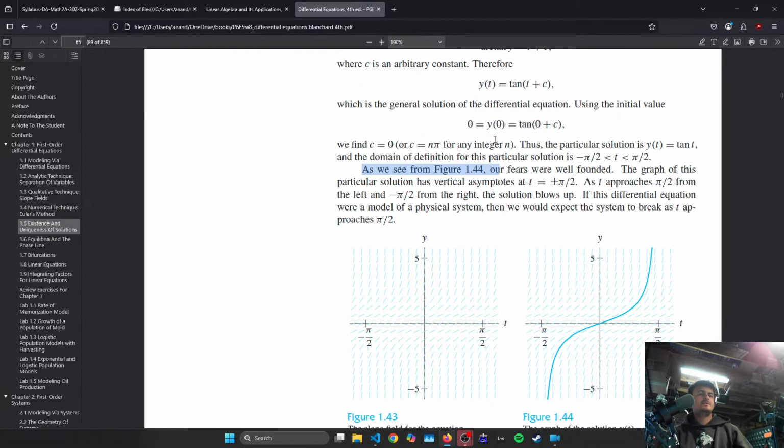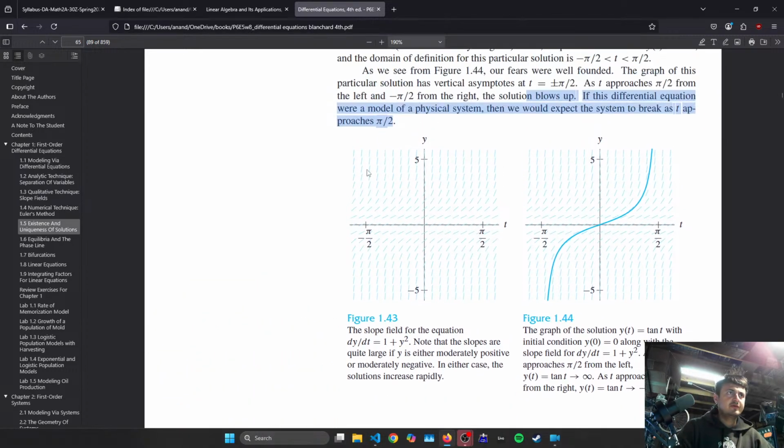As we see from this picture, the graph of this particular solution has vertical asymptotes at pi over 2 and minus pi over 2. As t approaches pi over 2 from the left and minus pi over 2 from the right, the solution blows up. If this differential equation were a model of a physical system, we would expect the system to break as t approaches pi over 2.